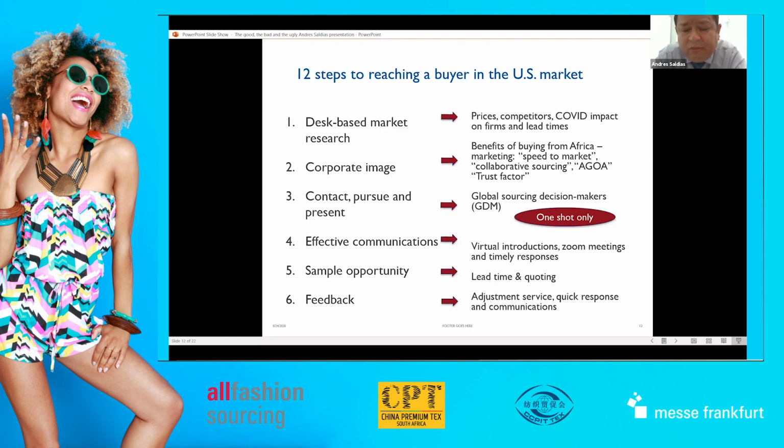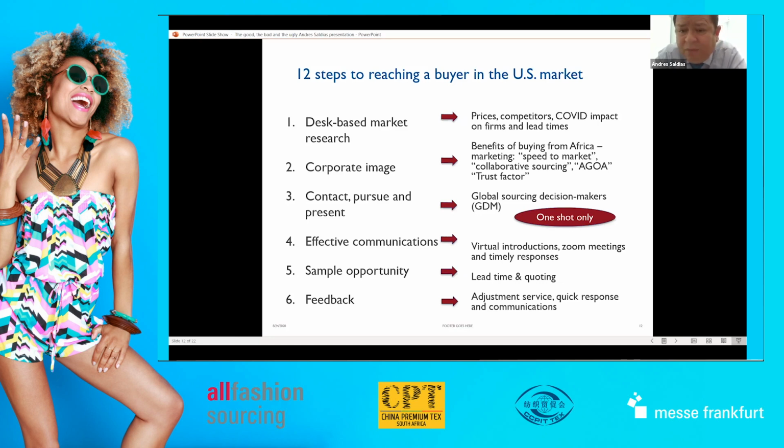Then you finally have to pursue and present yourself. It's the meeting. You have 5 minutes with the global sourcing decision maker, who is the buyer. When you walk into New York, I'll show you a slide. There are 80 buildings. In each building, there are 4 buyers on each floor. There are over 5,000 buying offices.